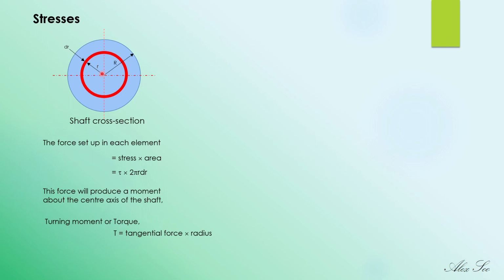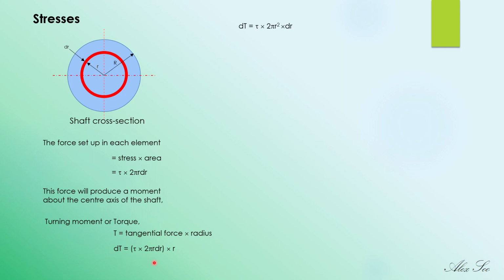Now the tangential force that we have here is the shear stress times 2 pi r dr. This is the tangential force acting on the elementary ring. So put it here and then multiply by the radius to get the torque transmitted by the elementary ring. That is why I put dT.